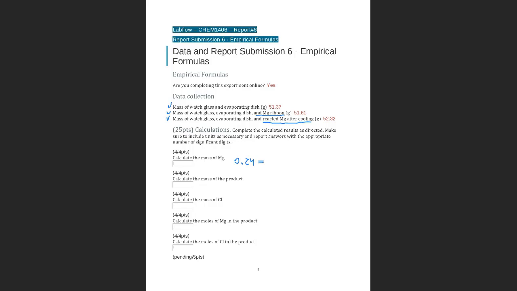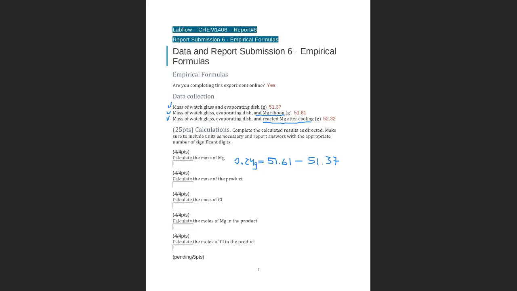He did 51.61 minus 51.37. He took the mass of the watch glass, evaporating dish, and magnesium, and subtracted just the empty watch glass and evaporating dish.